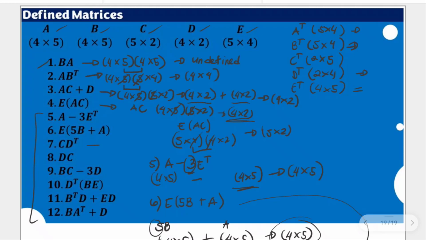So this is all about looking into the relationship of the result of the operation and describing whether they are defined or undefined matrix, and giving the size of the defined matrices.